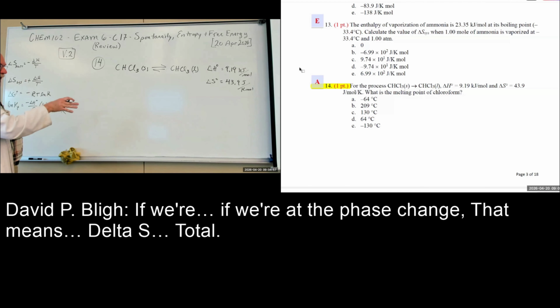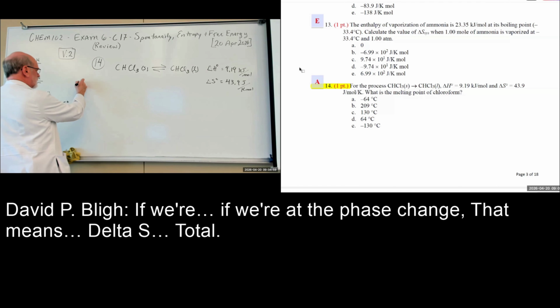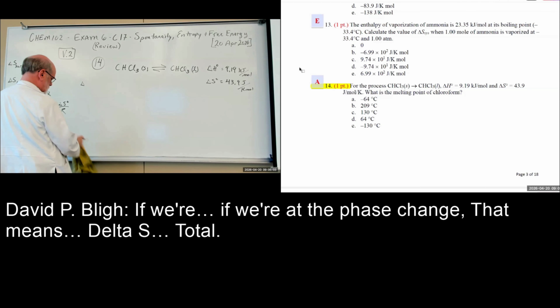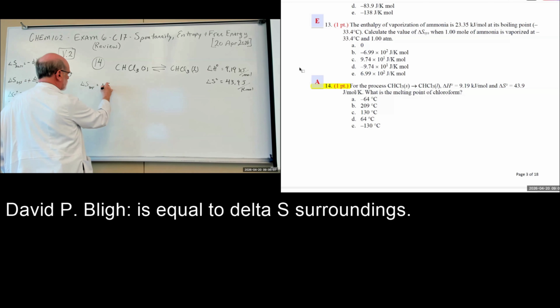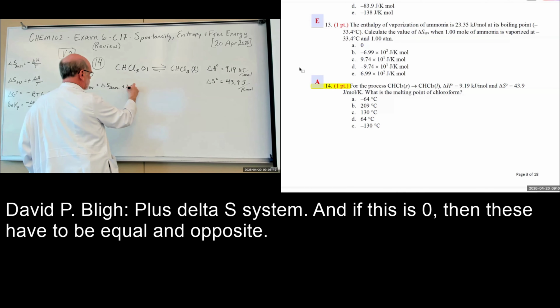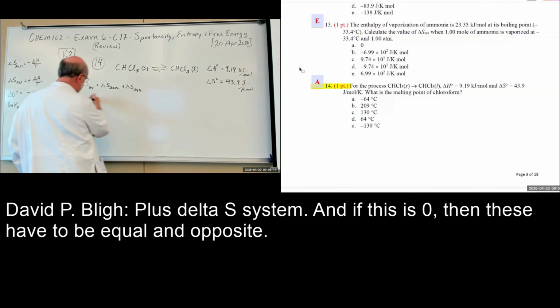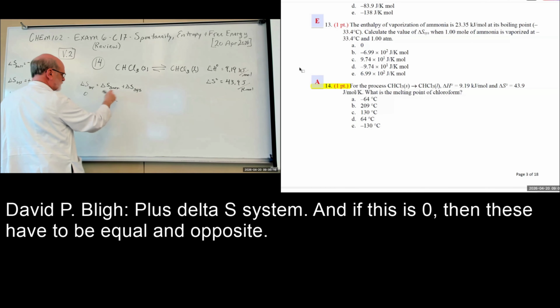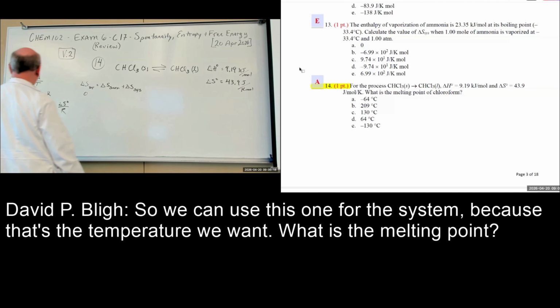If we're at the phase change, that means delta S total is equal to delta S surroundings plus delta S system. And if this is 0, then these have to be equal and opposite. Right?